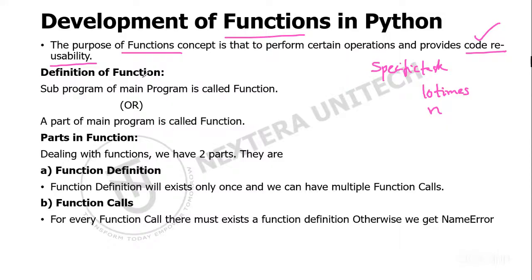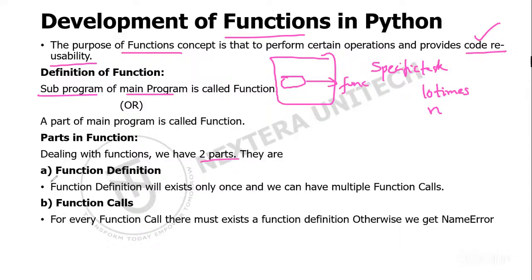And the definition of function is, a subprogram of a main program is called a function. Within a program, you will have a subprogram. This is called function. A part of main program is called function. And within function, there are two parts.